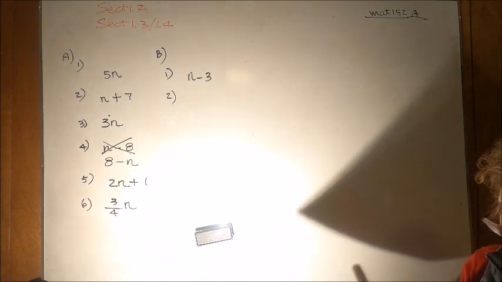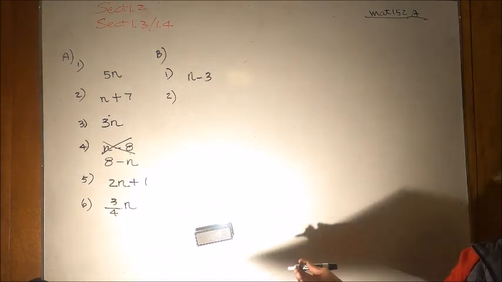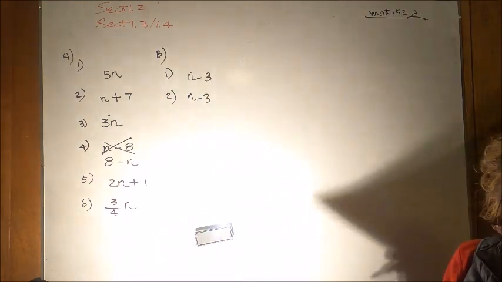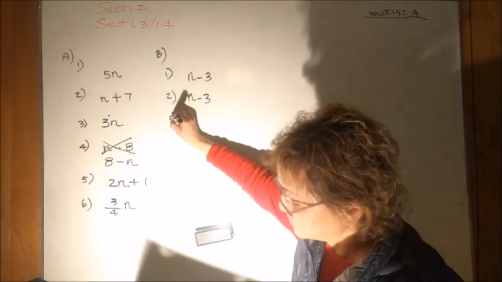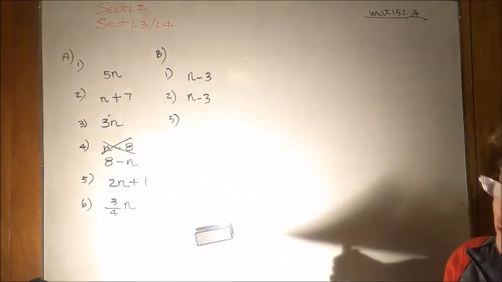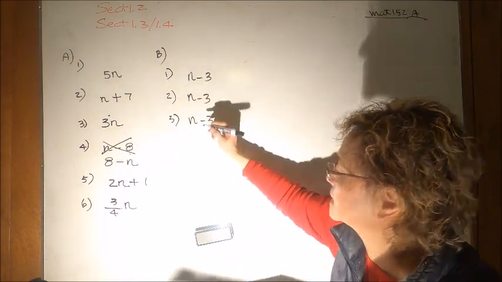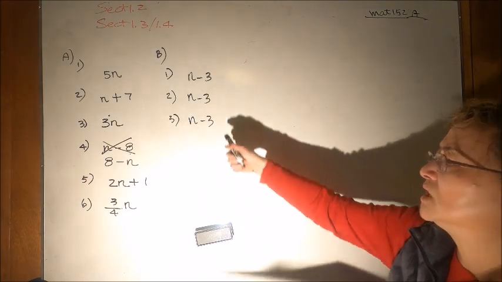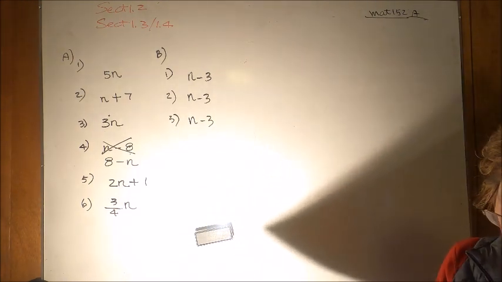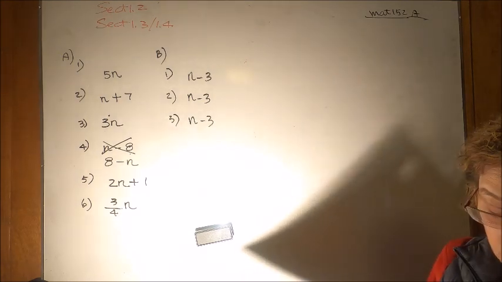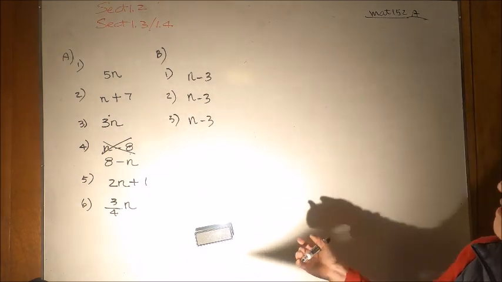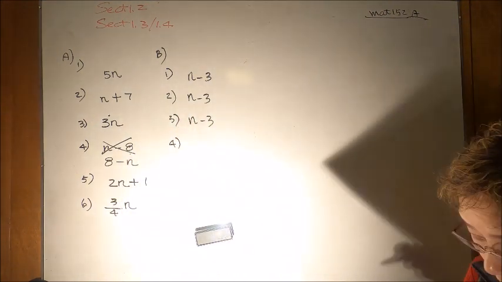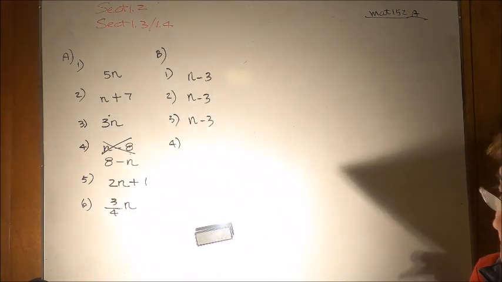Next one, a number less 3. Less is your verb. So a number less 3. That's what we do, right? Next one, a number subtract 3. This number subtract 3. Right? They all look alike. But the language, English, is so different. But when we translate to math, it looks like that. And next one, a number subtract from 3.